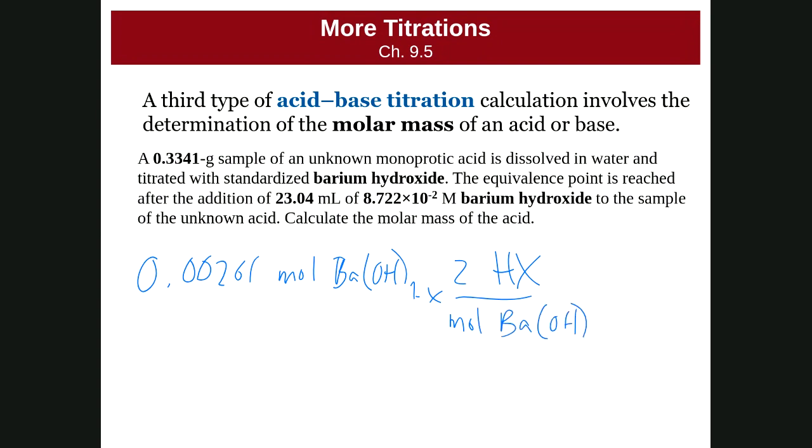So our moles of barium hydroxide cancel out, and we find that we need 0.00402 moles of our acid.